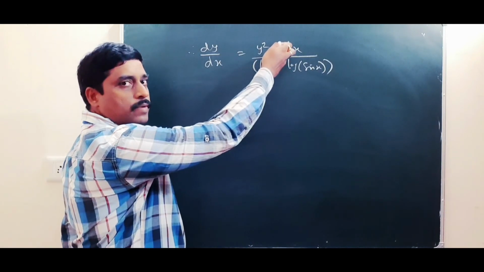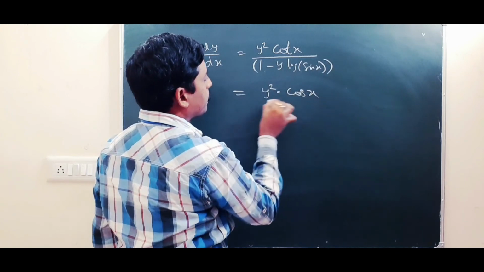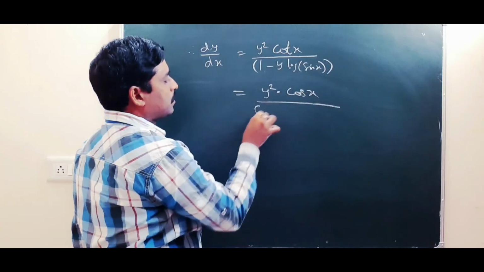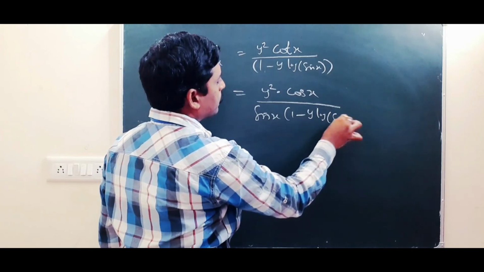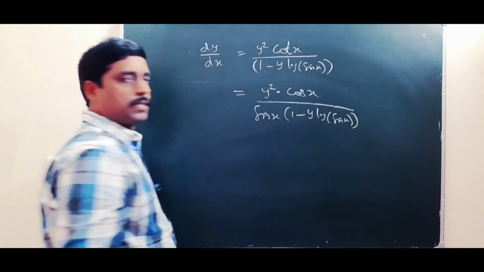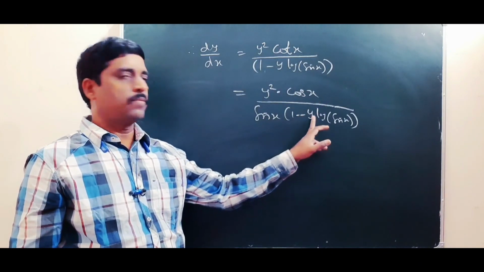So we have the cot x formula, cos x by sin x, y square into cos x by sin x into 1 minus y log sin x. So according to the process, this is the same answer, y square cos x by sin x into 1 minus y log sin x.